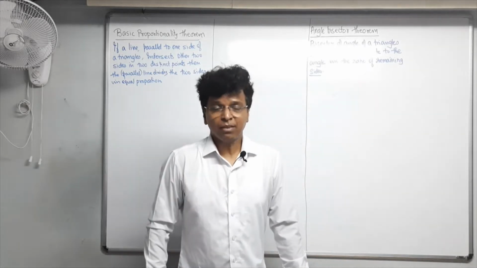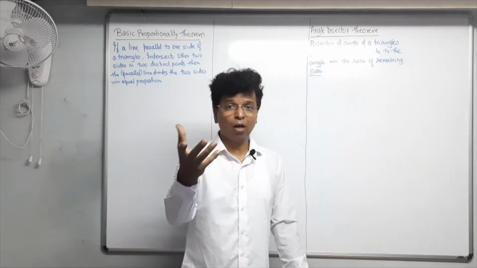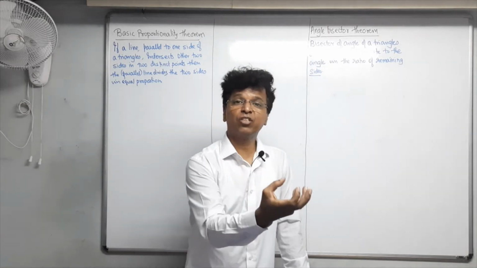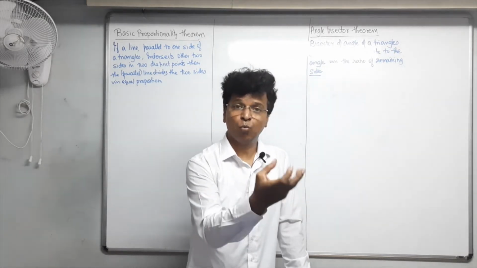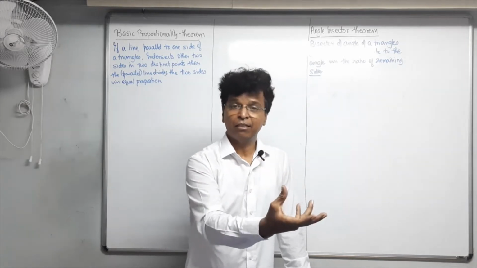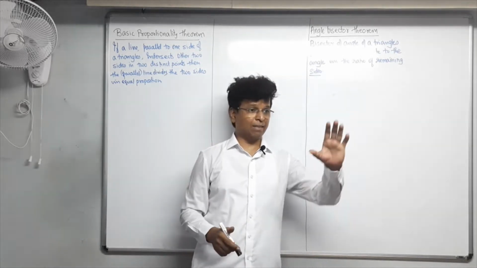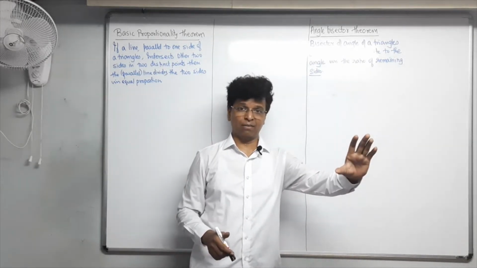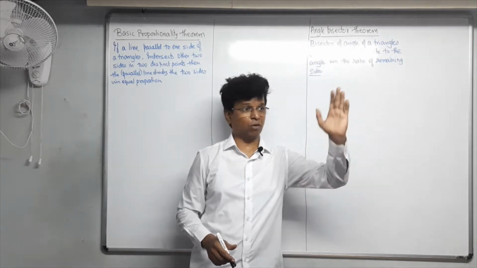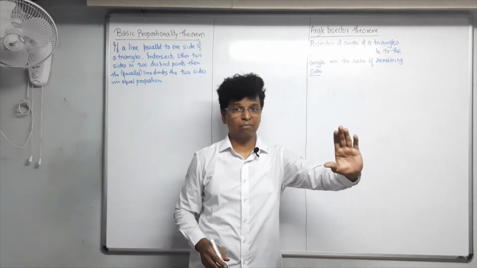Second part, once the condition is satisfied and you apply the theorem, an equation is generated. You should be able to form that equation, my dear students. Once you know that the condition is satisfied for a certain theorem, I can call that theorem, because whatever condition is required is satisfied in this diagram.